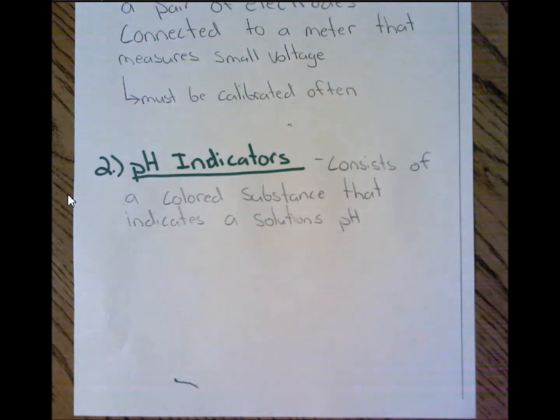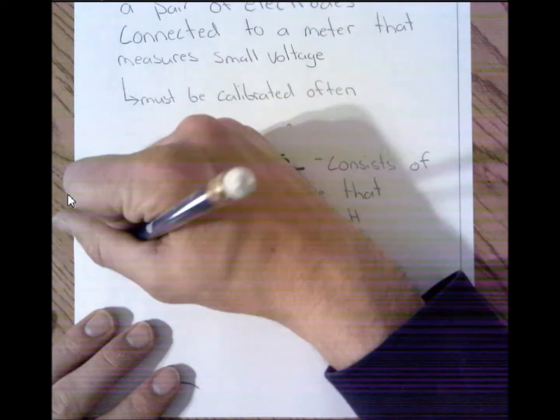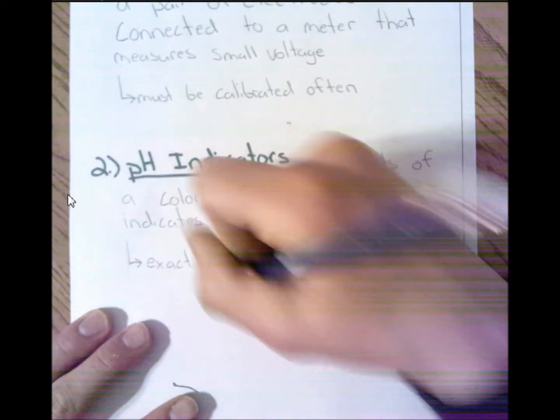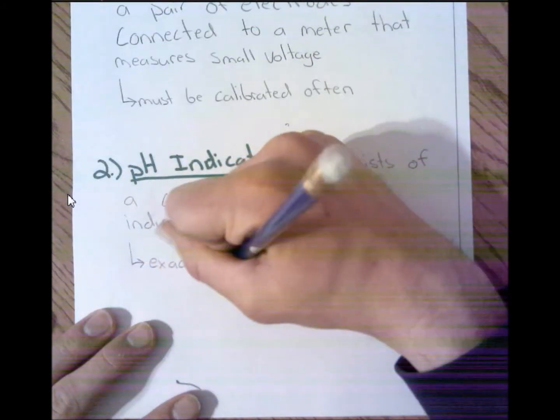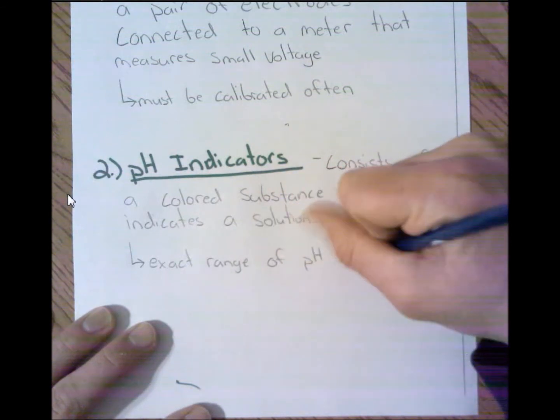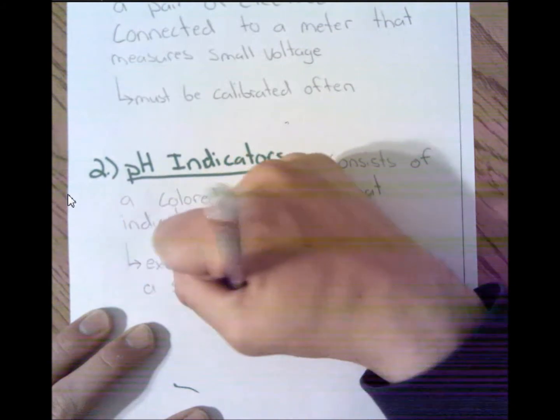And the other thing with this is they're a chemical, so we don't have to worry about that calibration process that we dealt with the pH meters. What they do in detail here is they give an exact range of pH where a solution will turn a particular color.